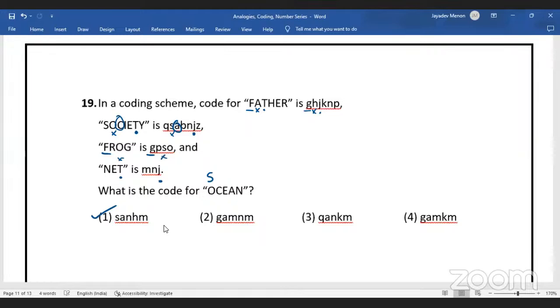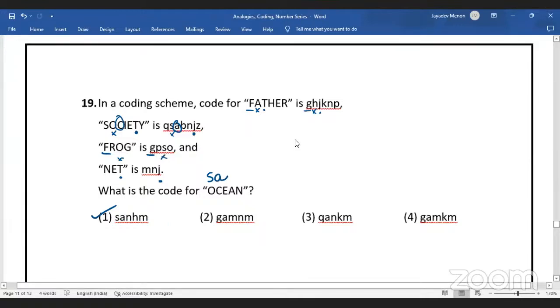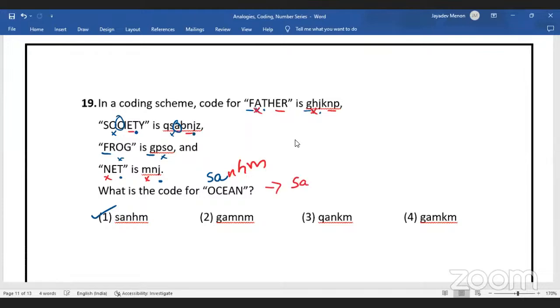It is A. Then the code of E, we can take it from father, N. Society, N. Then code of A is H. And code of N, we get it from net. Code of N is M. So the code for ocean is SANH. Option 1 is the answer.